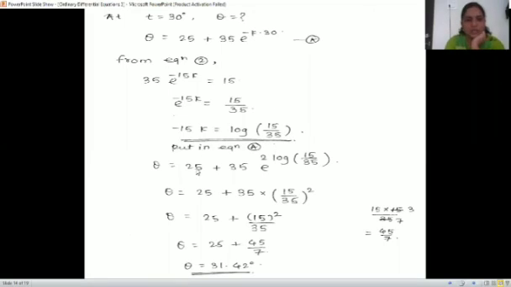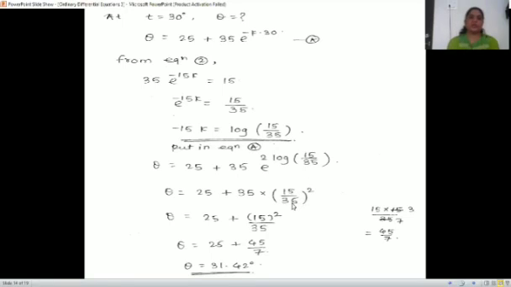So we get theta is 25 plus 35 e raised to minus 15k, e raised to minus 30k. We have minus 15k, so multiply this by 2, we'll get minus 30k value. So it is 2 log 15 by 35. Okay, so that's what we are getting. 35 into e raised to, that 2 will go to the power, e raised to log of this square. And e raised to log of something is that something only.